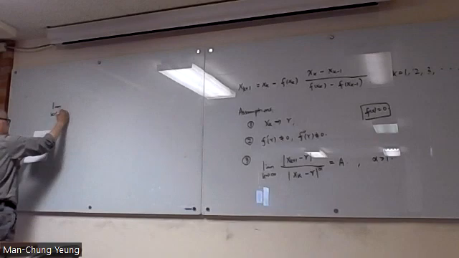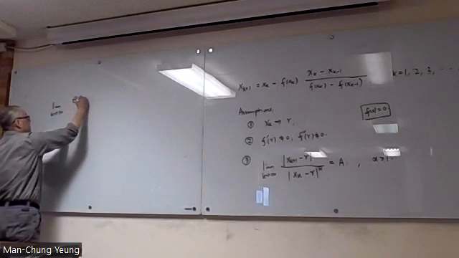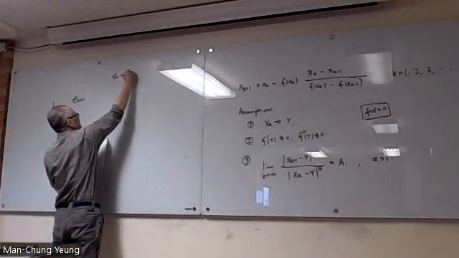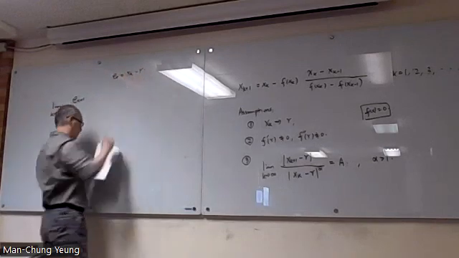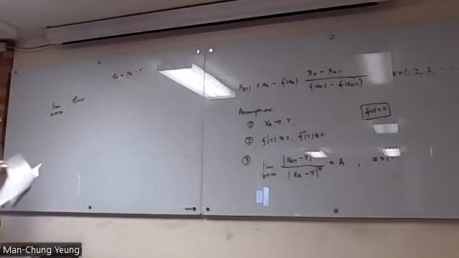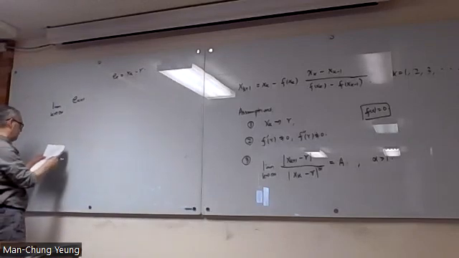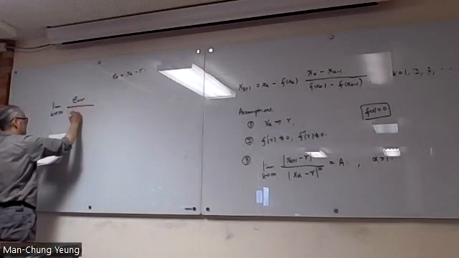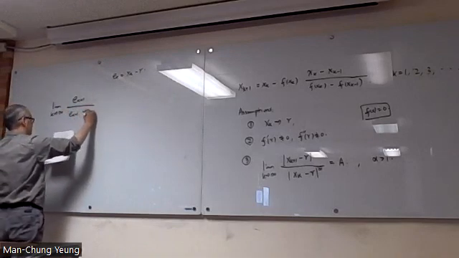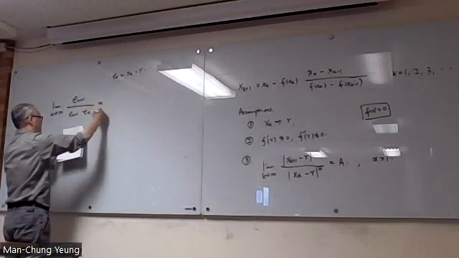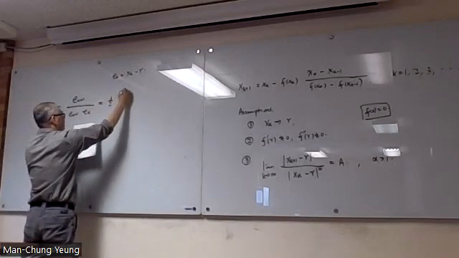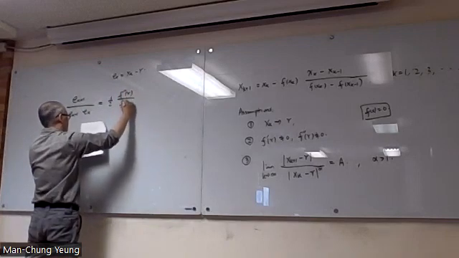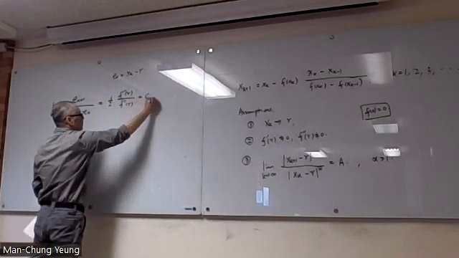As k approaches infinity, Ek plus 1 over Ek minus 1 times Ek approaches 1/2 f second derivative at R over first derivative at R, where Ek is xk minus R. Let me denote this by C.